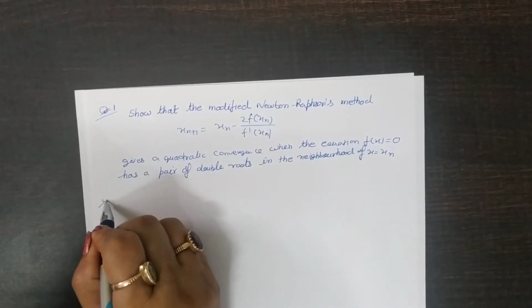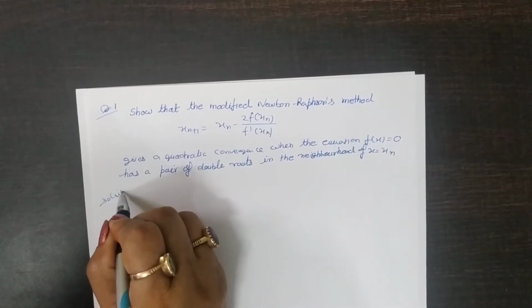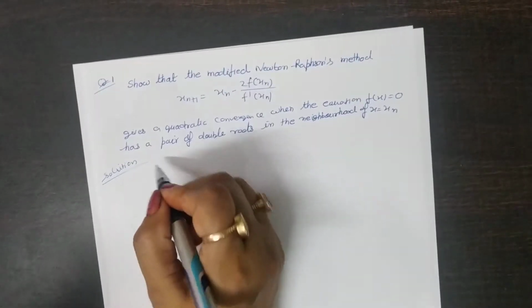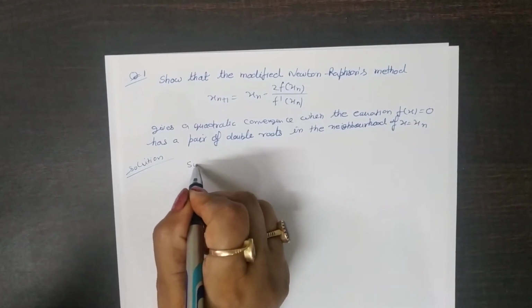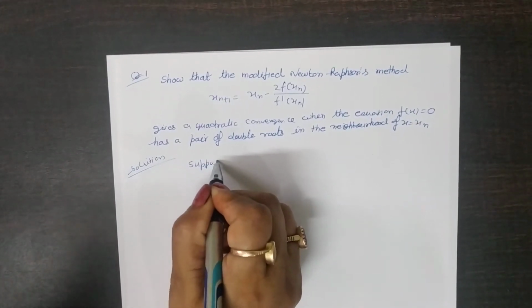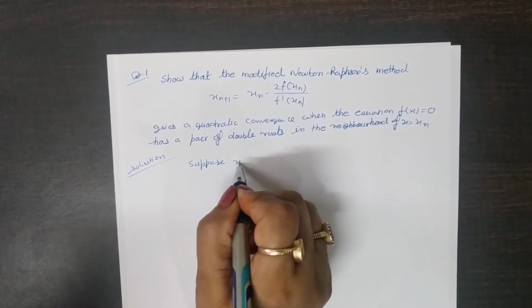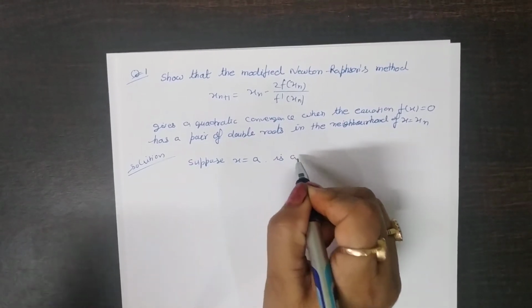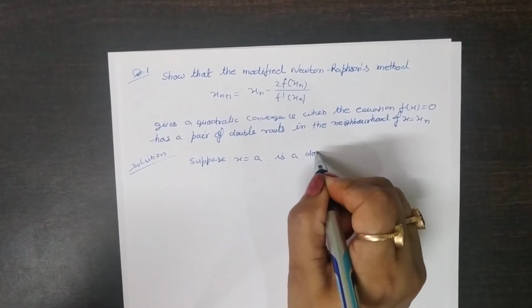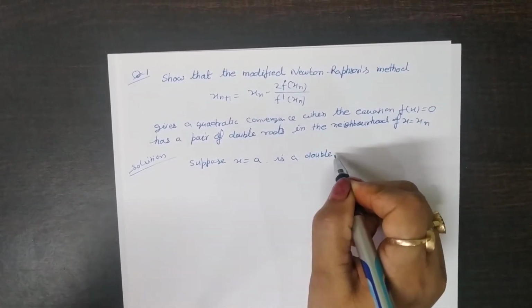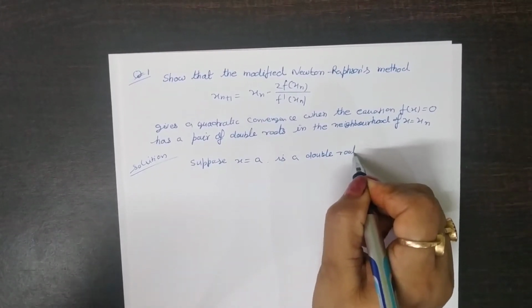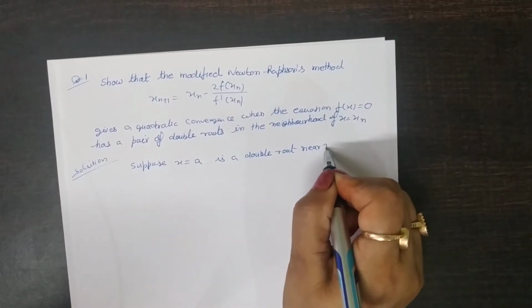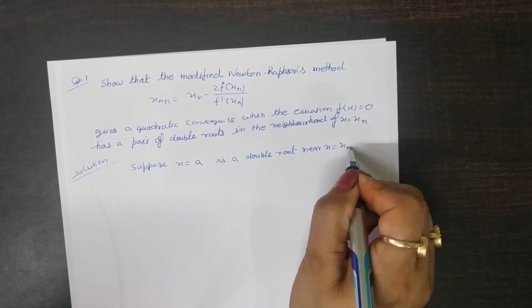So the solution of this question we have defined as follows. Suppose x = a is a double root near x = x(n).